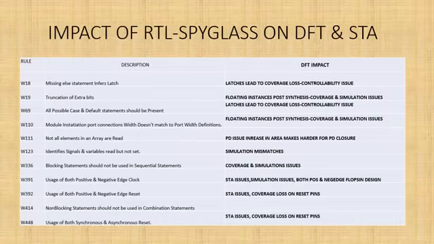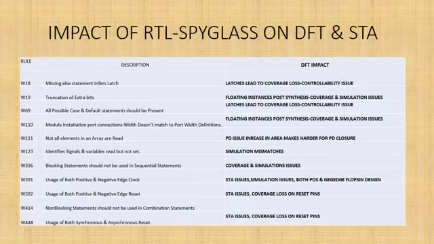What is the impact of RTL SPYGLASS on DFT and STA? Let's see the LINT errors and the impact on DFT. The W18 violation occurs if there is an inferred latch due to a missing else statement. Now, when you have a latch, you are not able to control it and hence you lose some coverage.